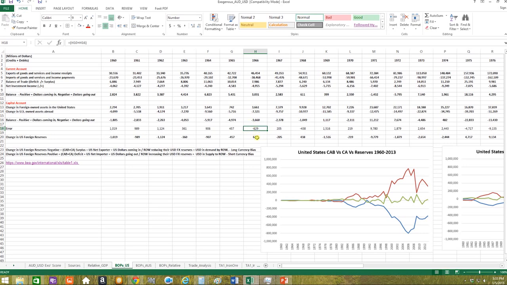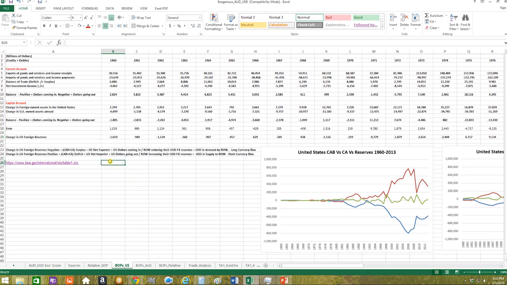And the balancing item is just the inverse of this. And we can see that here. Again, we can see the opposite, which is US dollars coming in, the rest of the world reducing their US dollar reserves by this amount. And the balancing item is simply the inverse of that.